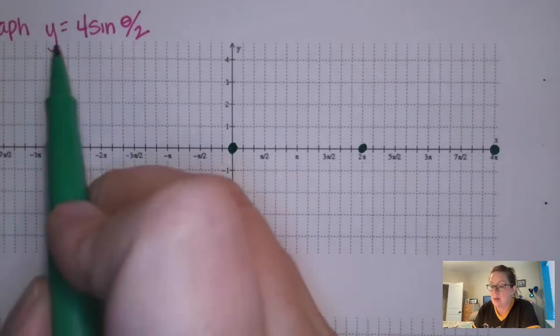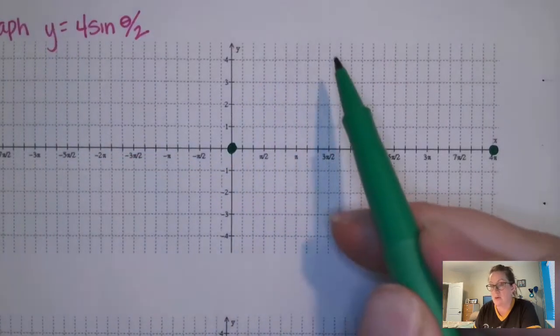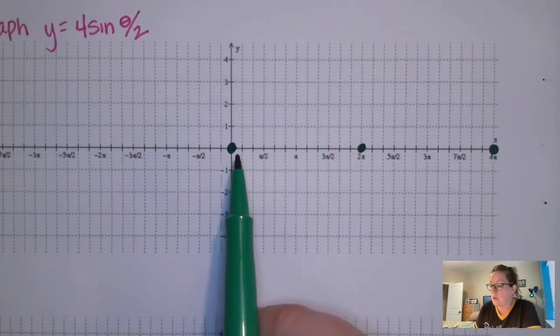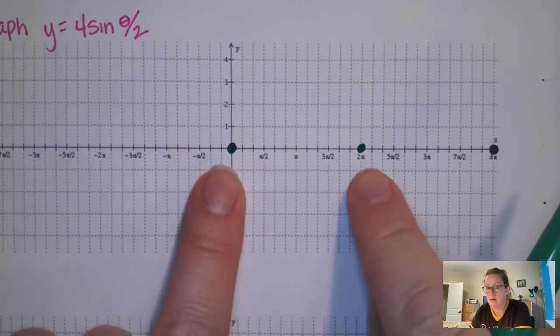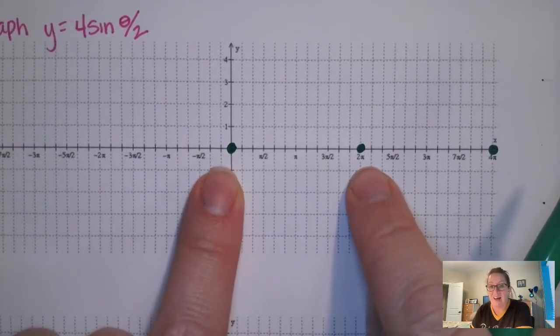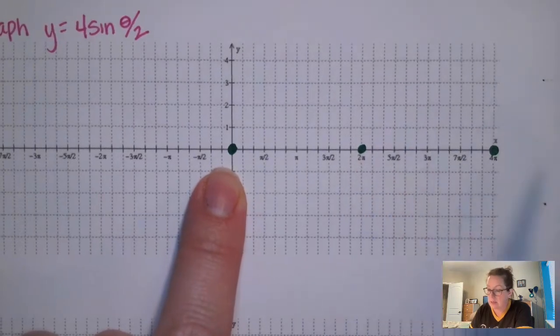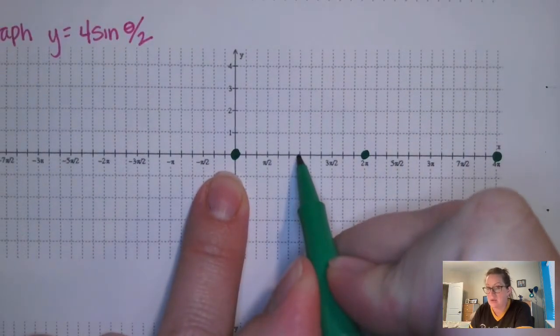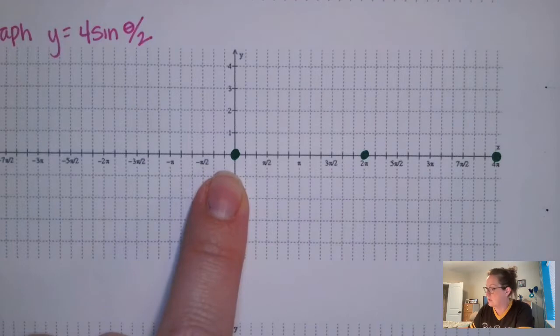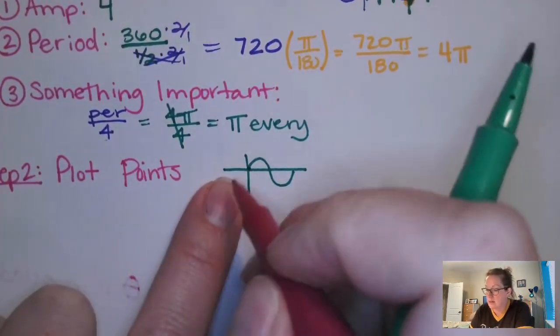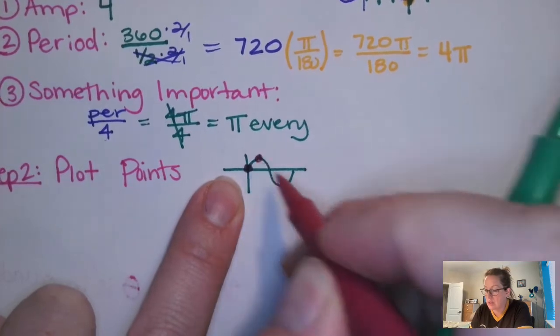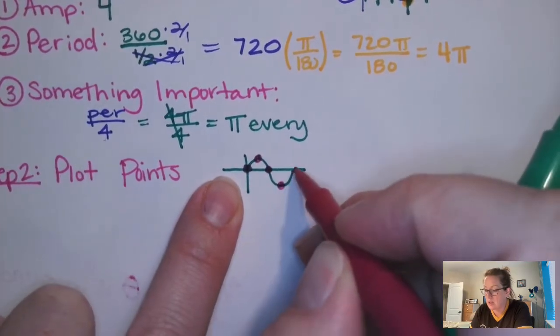Okay, this is a positive sine value, so I know my curve is going up, okay? We want to figure out where our first halfway point is. So we're working between 0 and 2 pi. So half of 0 and 2 pi is pi. But remember, this is a positive sine, which is why I draw this guy. So I know I'm making this point, this point, this point, this point, and this point.